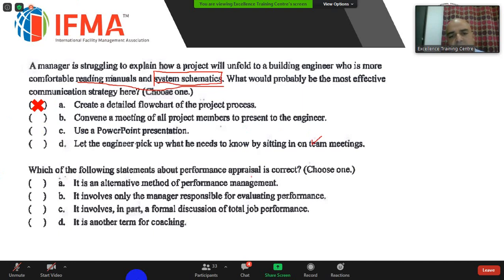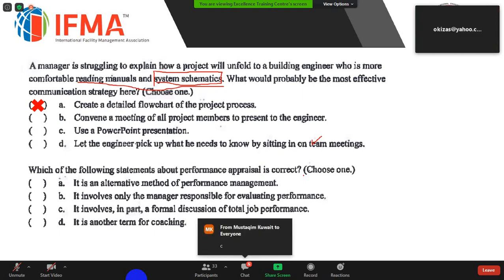Which of the following statements about performance appraisal is correct? C, formal discussion and total job performance. Yes, you are right.